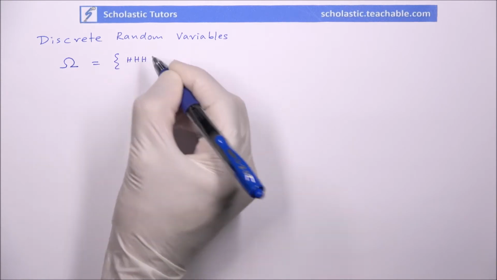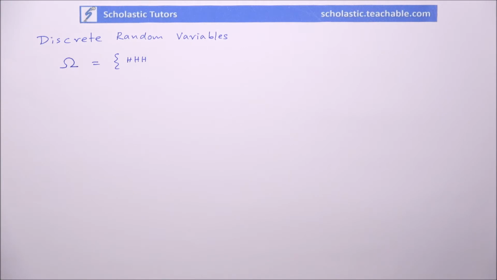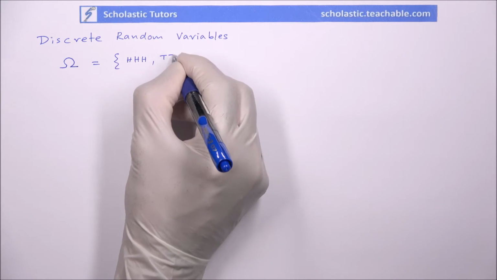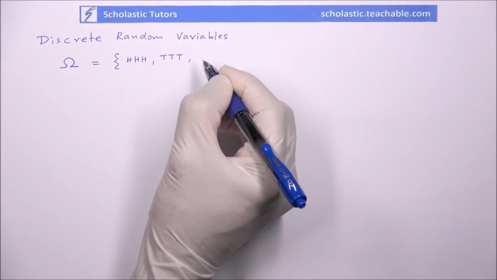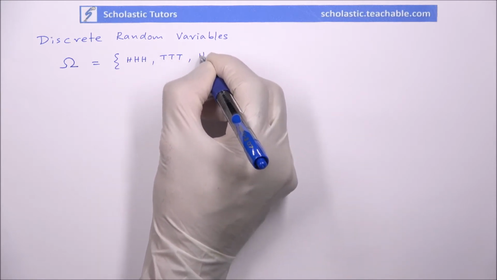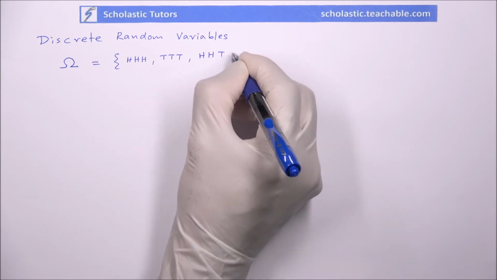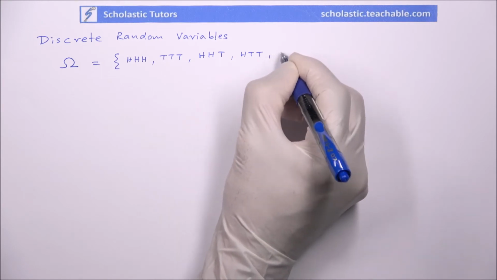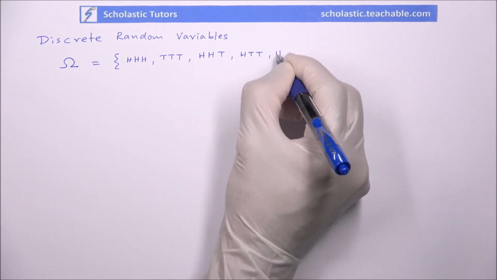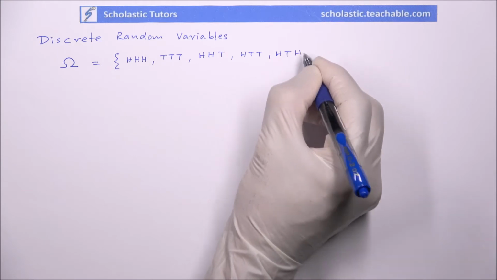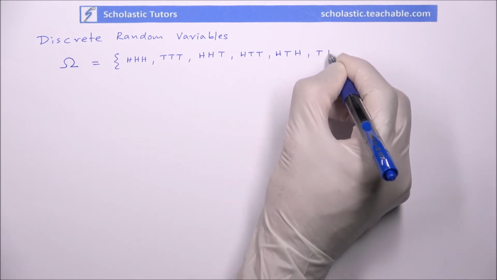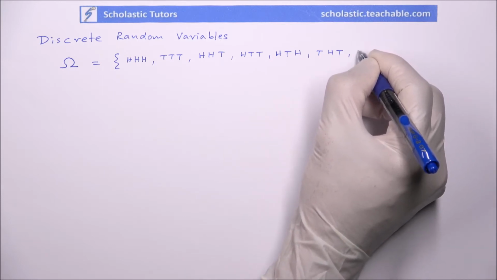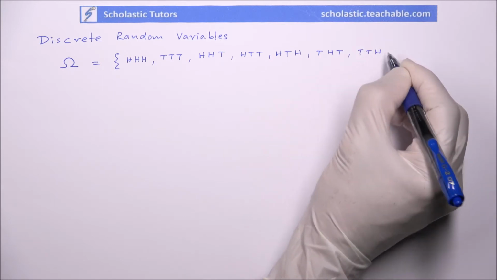So when you toss them, we may get all heads of the 3 coins, or all tails of the 3 coins, or otherwise sometimes 2 heads and 1 tail, 1 head and 2 tails, and maybe 1 head, tail and head, or tail, head and tail, or tail, tail and head.